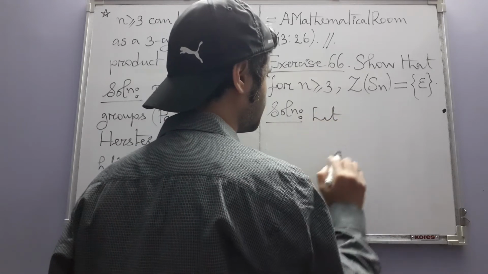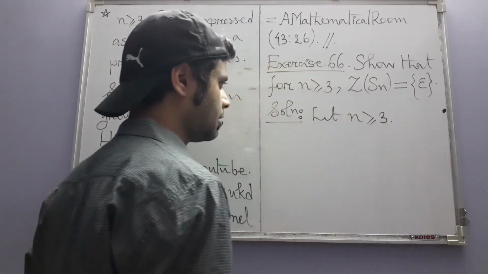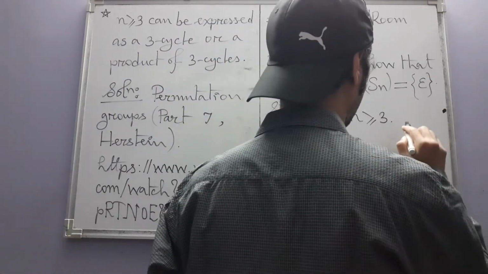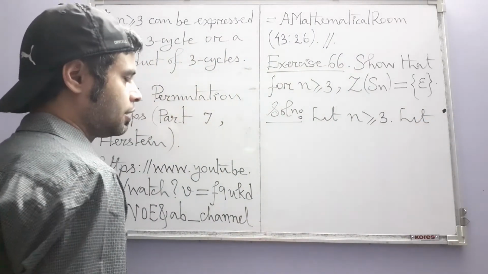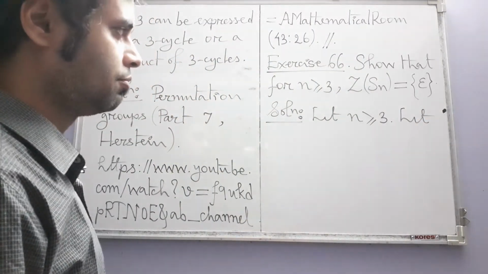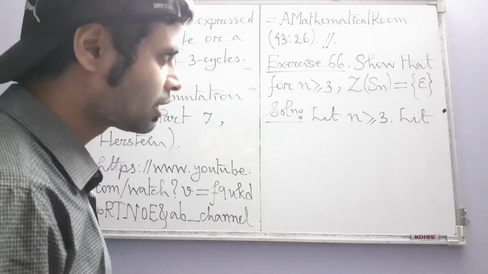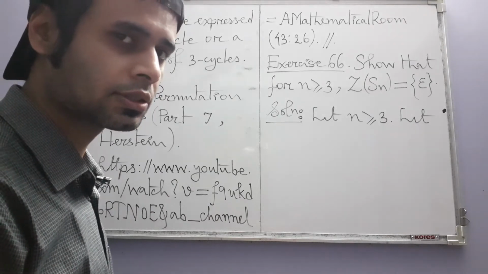Let n be greater than or equal to 3. n is an integer at least 3. Now, what do we need to prove here? We need to prove that no non-identity element in Sn can belong to the center.